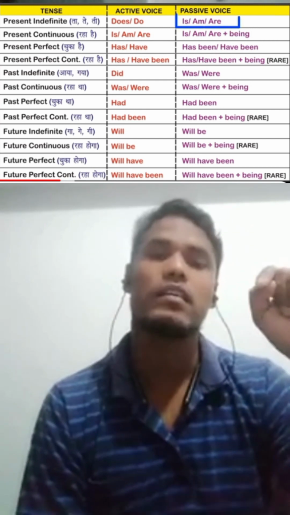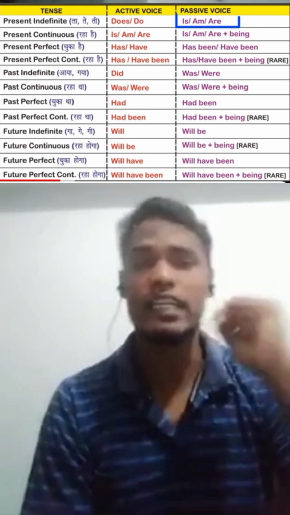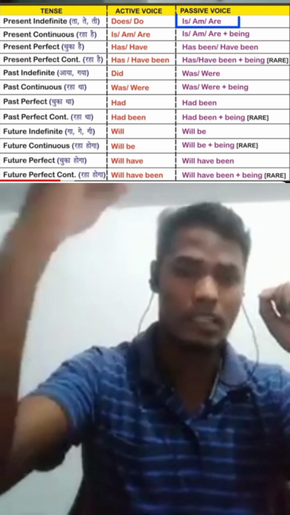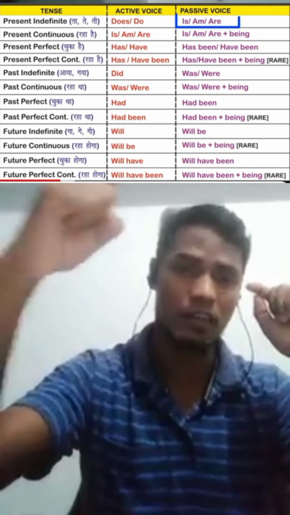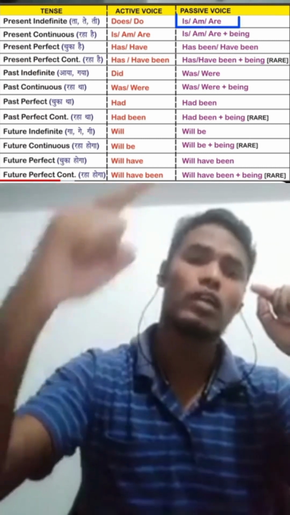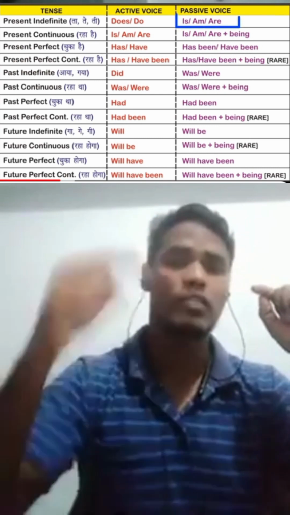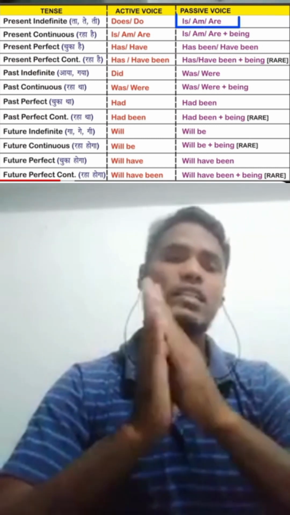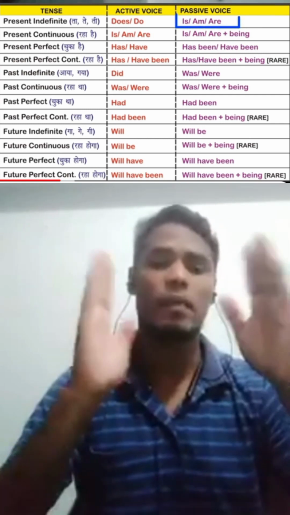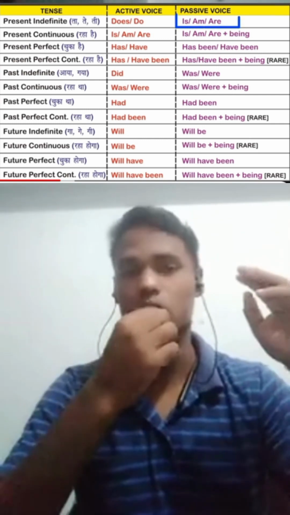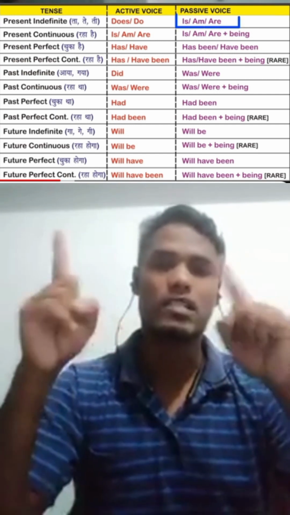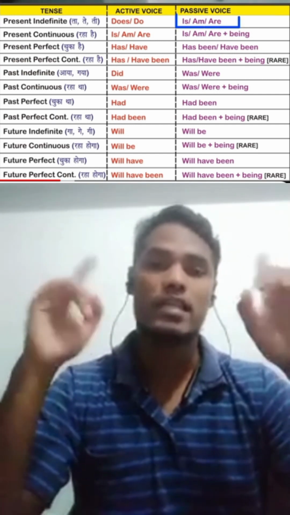Then past indefinite, what do we use? Did, just as we used do and does in present indefinite. When we change the active past sentence into passive, we use was and were. Past continuous, what do we use? Was and were.